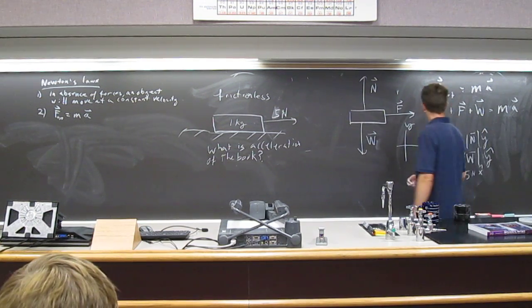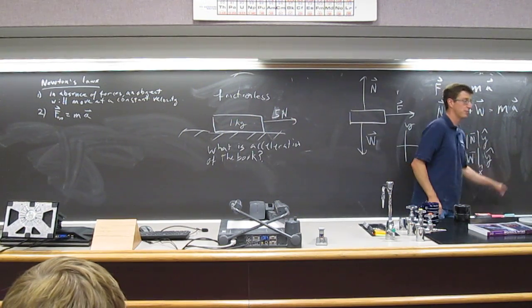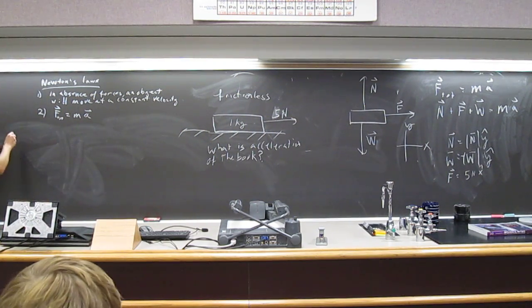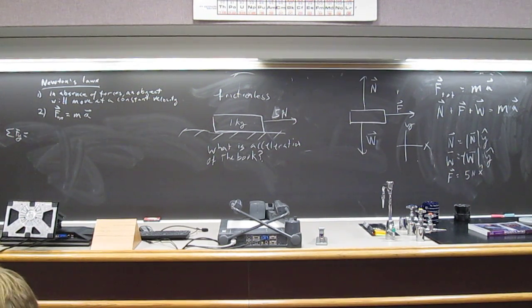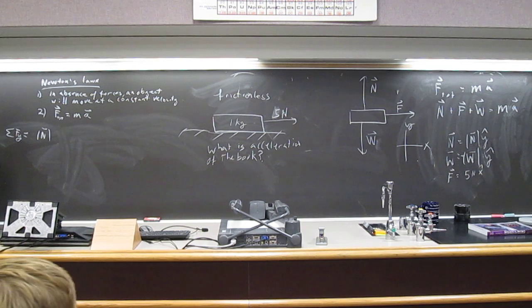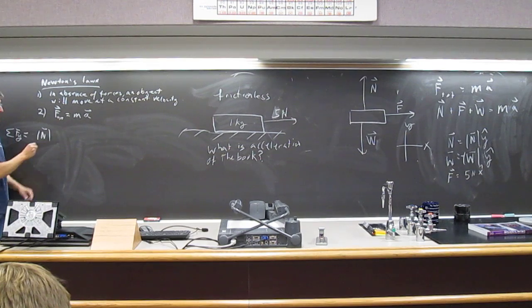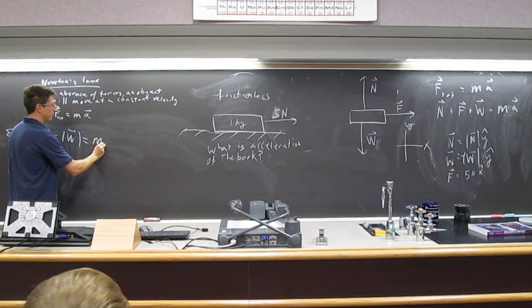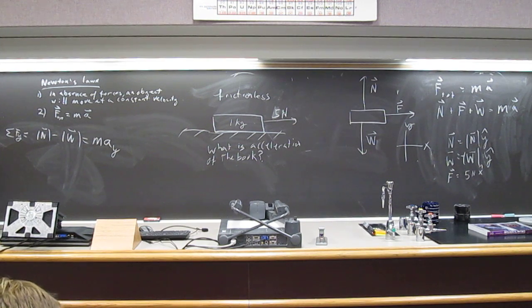All right, so let's go ahead and add up those forces and set it equal to ma. Let's look at the sum of the forces in the y direction. I have the normal force in the y direction, and the weight points in the negative y direction. And that would equal m times the y component of the acceleration.